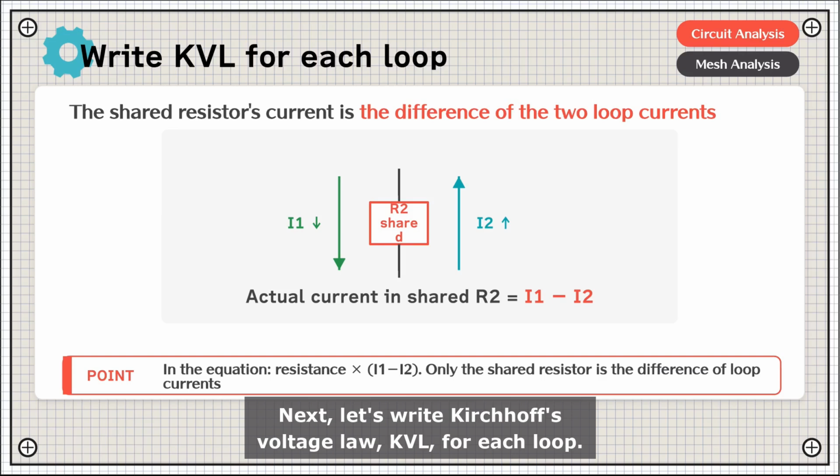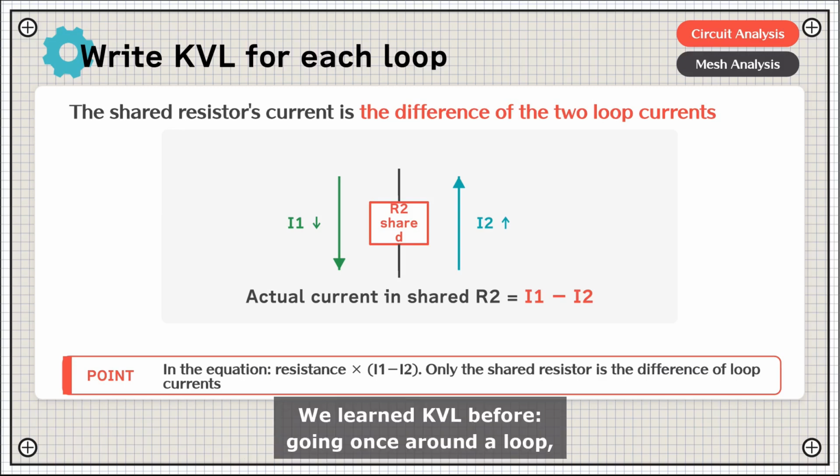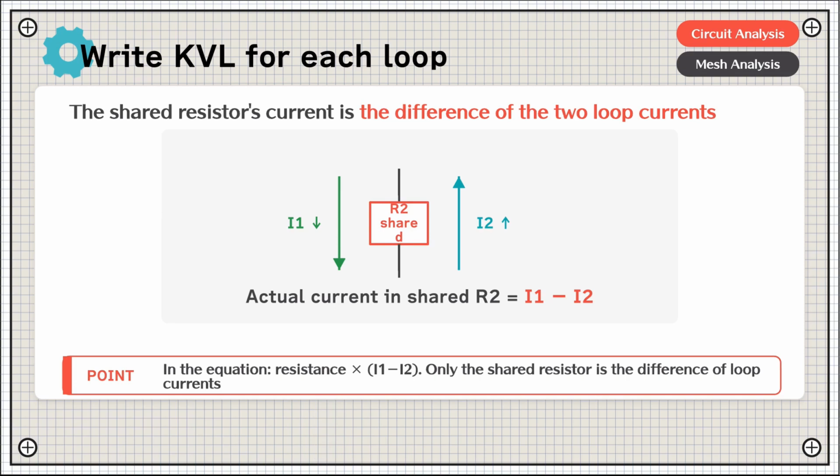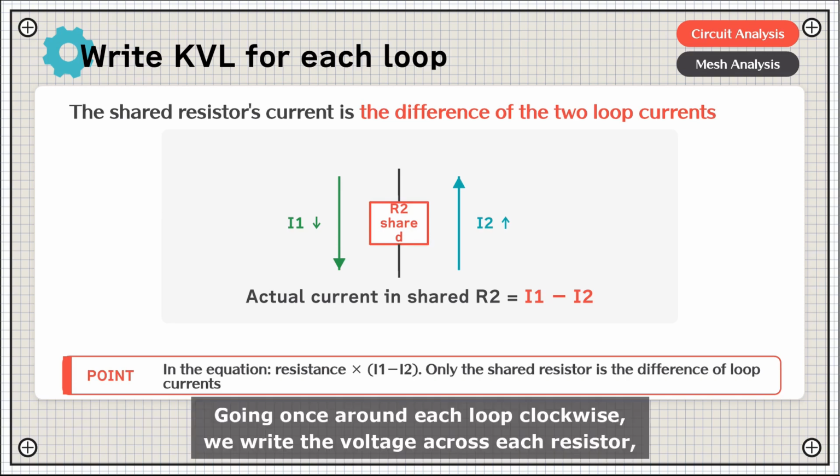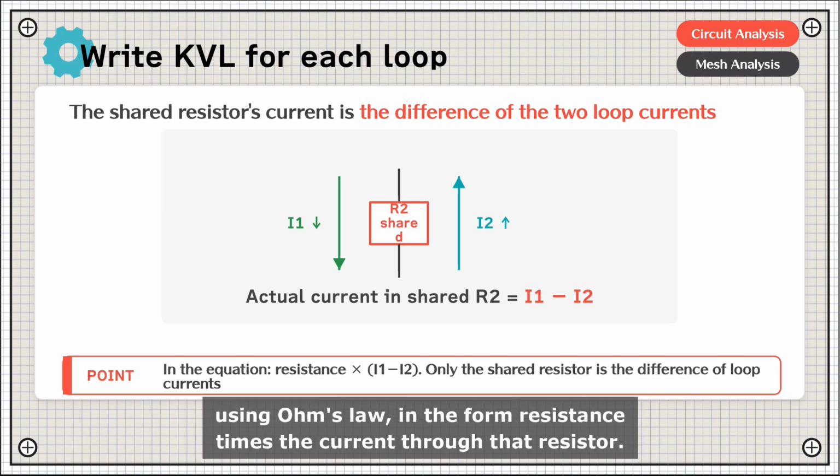Next, let's write Kirchhoff's voltage law, KVL, for each loop. We learned KVL before. Going once around a loop, the total of the voltage rises and drops is 0. Going once around each loop clockwise, we write the voltage across each resistor using Ohm's law in the form resistance times the current through that resistor.